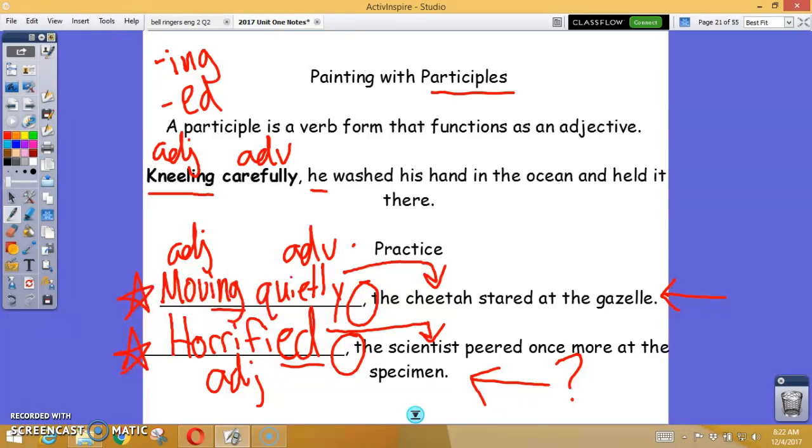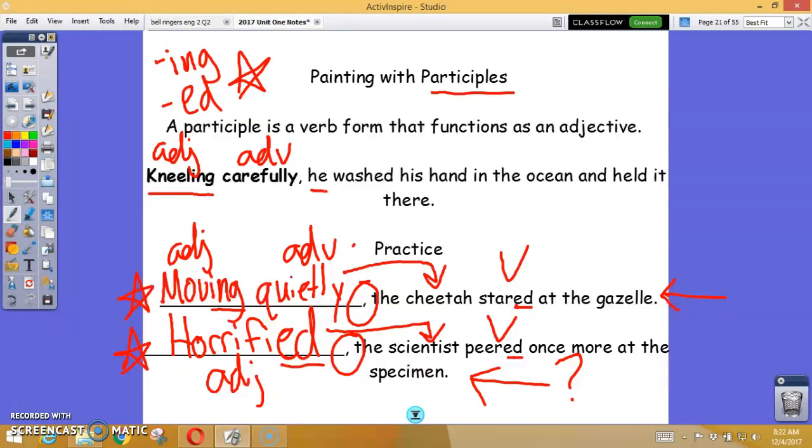And one final thing I want to point out, again: stared and peered, those are both verbs. And you'll notice here we have the ed on the end of those. These are not like, for instance, what we're seeing here. They're not being used the same way. These are just being used as verbs, stared and peered, in the past tense.